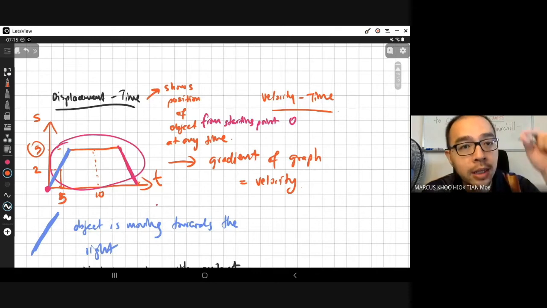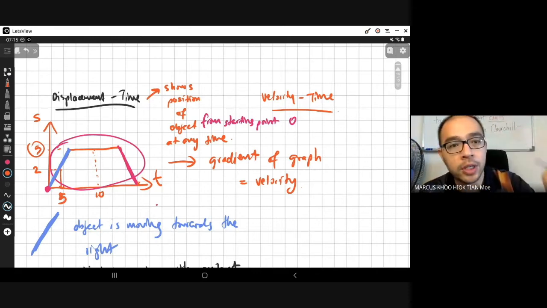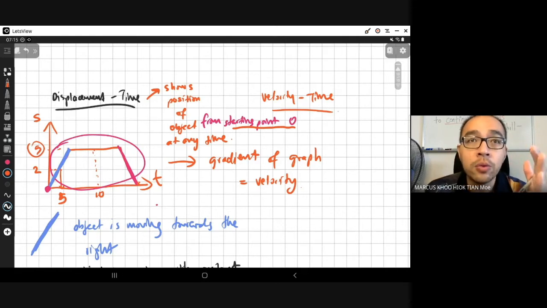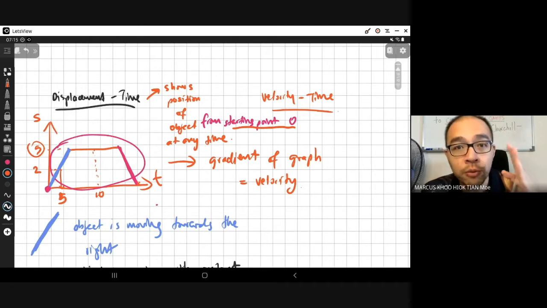Number one, it tells you the position with respect to the starting point. Number two, when you calculate the gradient of the graph, it tells you the velocity. So if you calculate the gradient and the gradient is 2, then you know that the velocity, the average velocity of that movement is 2 meters per second.